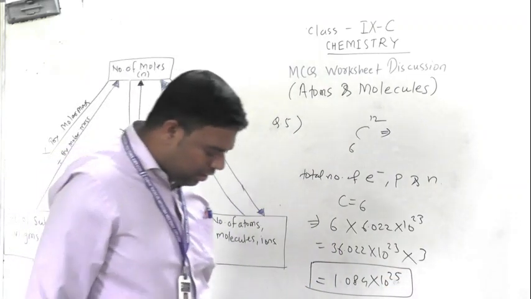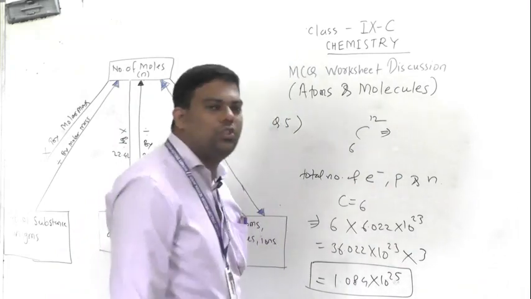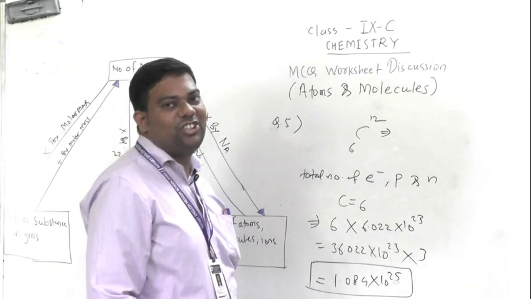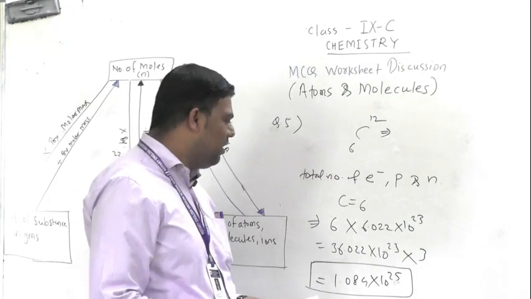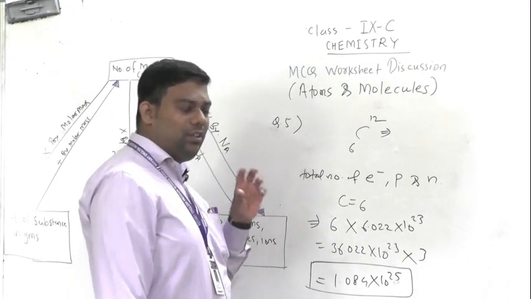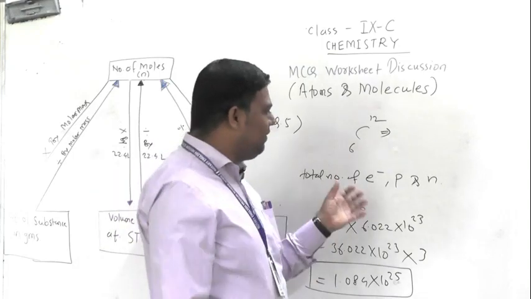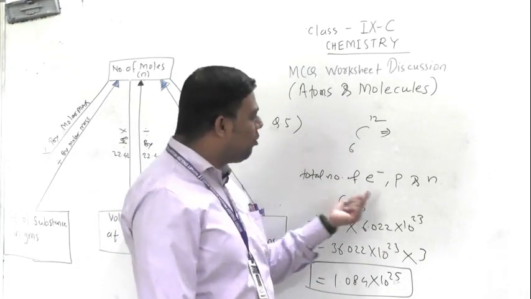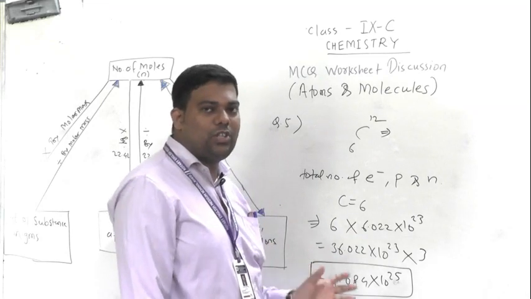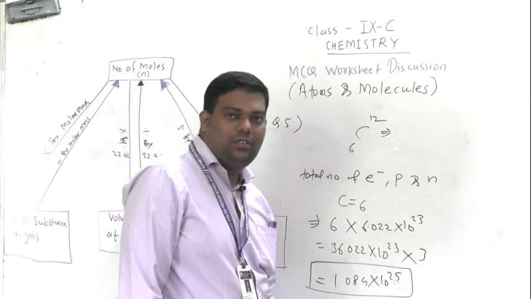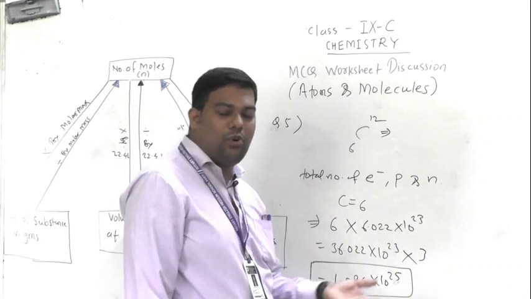You may cross check with your answer. Understood? So it is question number 5, option A. They are asking in that much depth about electrons, protons and neutrons. So basically, for this carbon atom, you must know the atomic number, the number of electrons, the number of protons.